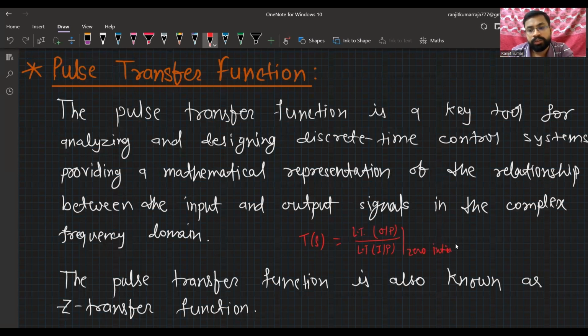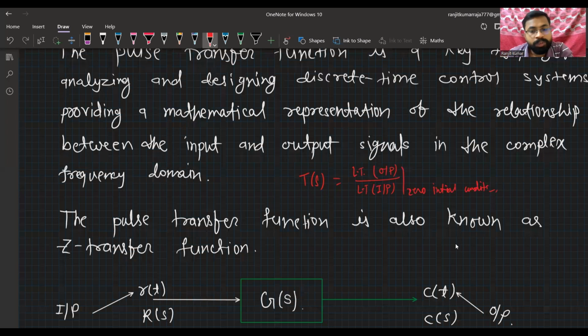Now the pulse transfer function is also known as the Z transfer function. Here in digital control system, the pulse transfer function is nothing but the Z transfer function. So in every case we have to find out the Z transform.